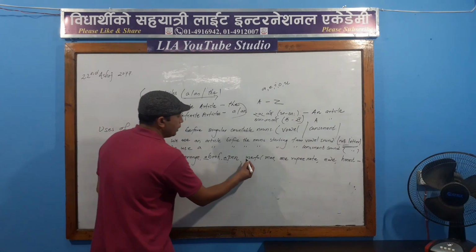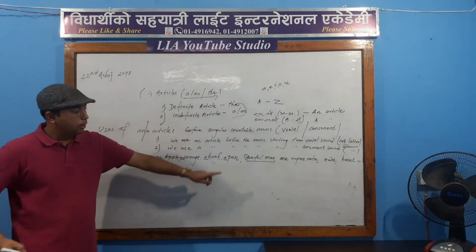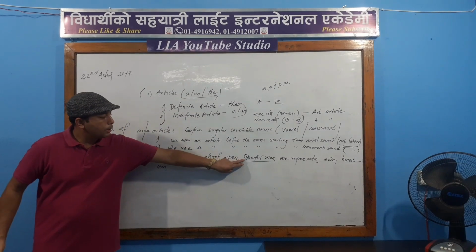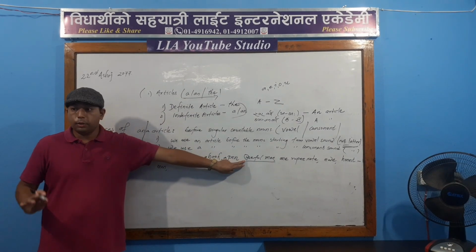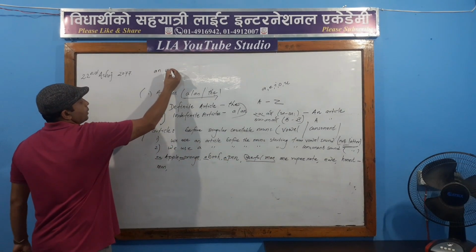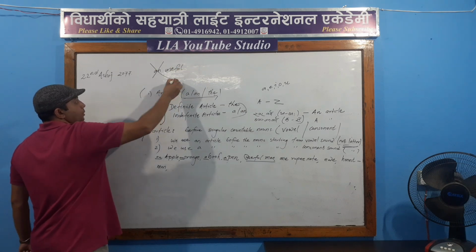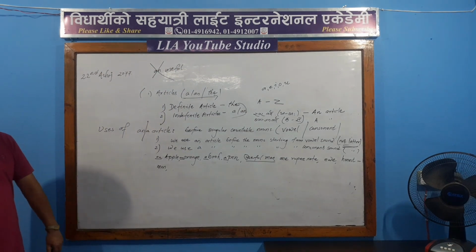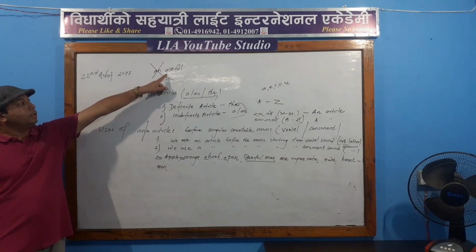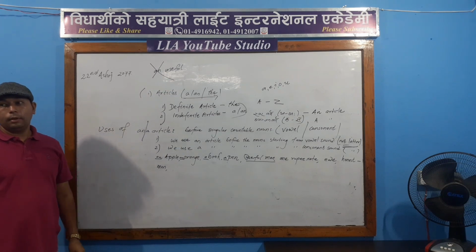Look here, useful man: the letter is a vowel, but we cannot write an useful. If we write it, it will be wrong. Why? Because useful is not a vowel sound. It doesn't start with a vowel sound.